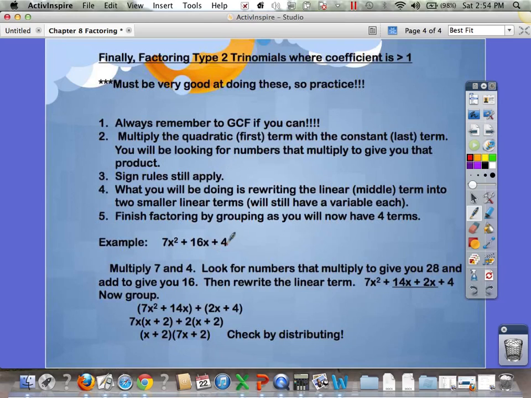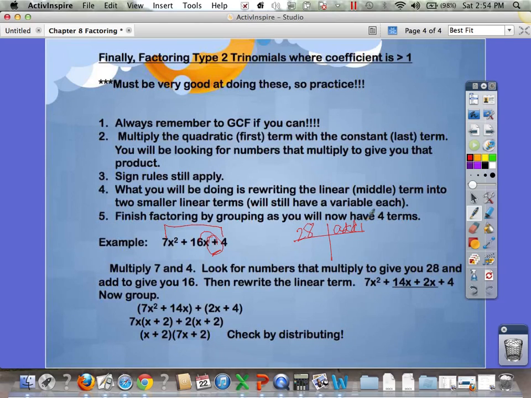So let's show you what we're going to do. You're going to have a problem, and notice the coefficient of the quadratic term is bigger than 1. So it's 7x squared plus 16x plus 4. So you will multiply the front and the back, and you will get 7 times 4, which is 28. That adds to be 16.